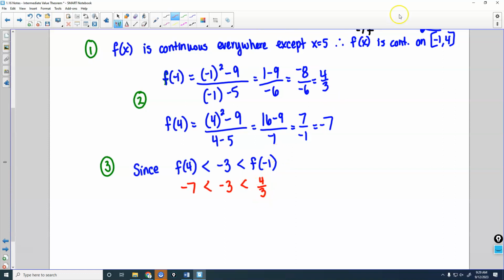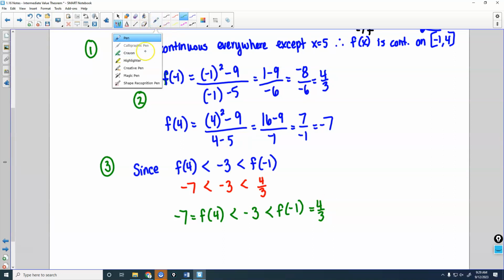But these values have to be labeled as f of -1 and f of 4. Okay. Another option here. Some students like to do it this way. I kind of like it. -7 equals f of 4, which is less than -3, which is less than f of -1, which equals 4/3. Now that's a little long.